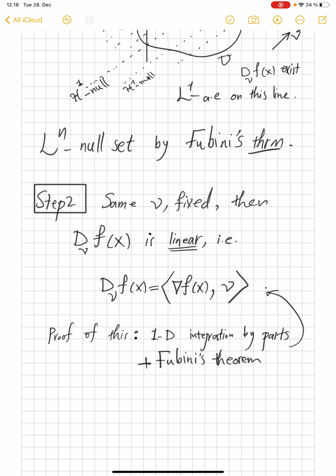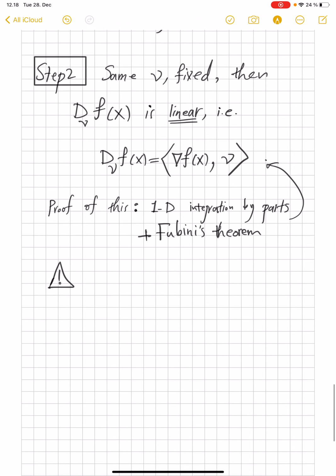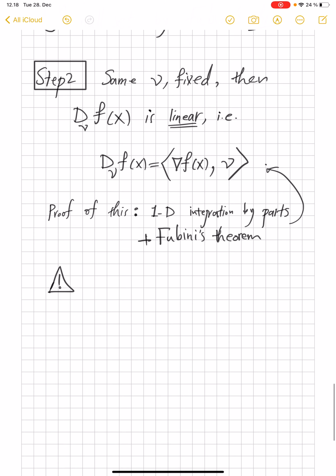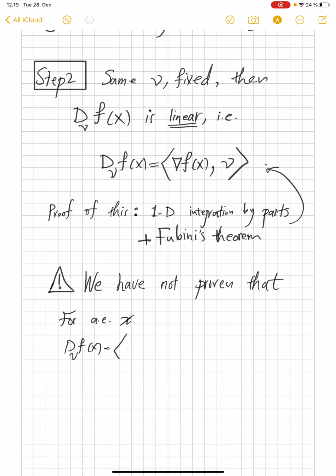Okay, how far have we gone? There's actually a warning here. Because we've proven that for one v, these facts hold, we have not proven that for almost every x, the directional derivative d v f at x equals the gradient dotted with v.